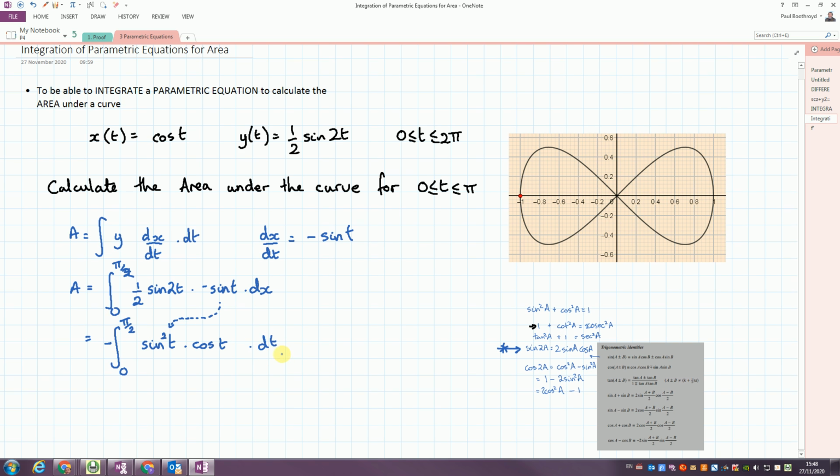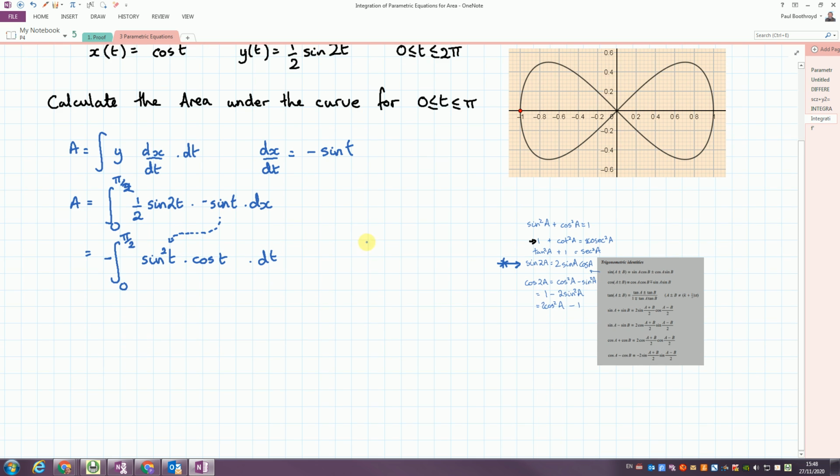Looking at the situation, it looks to me like an f dash f to the n type function, an integral of f' f^n, where f is sine, or u equals sine of t, and du/dt is cos of t.